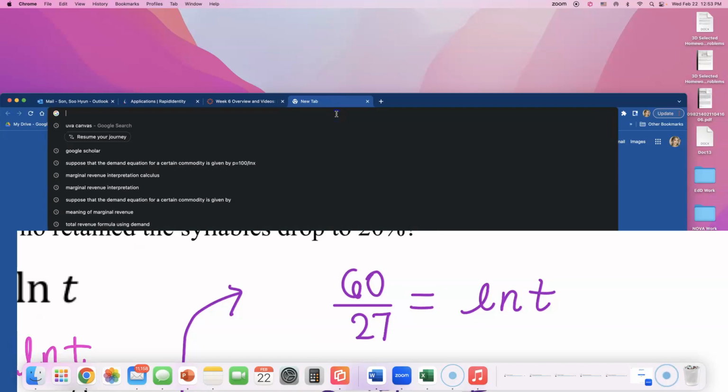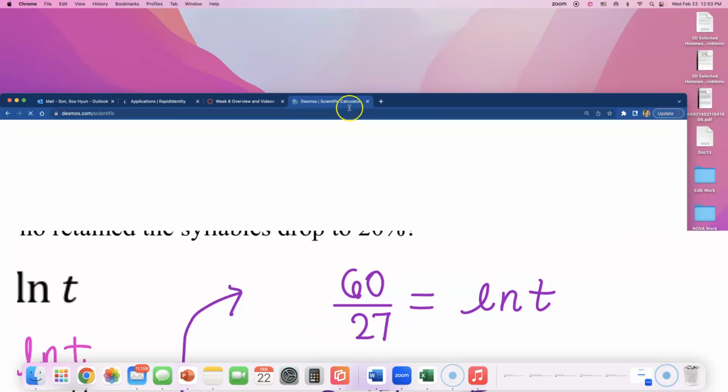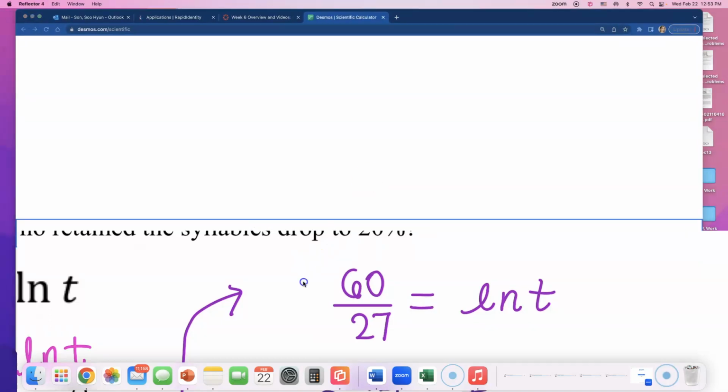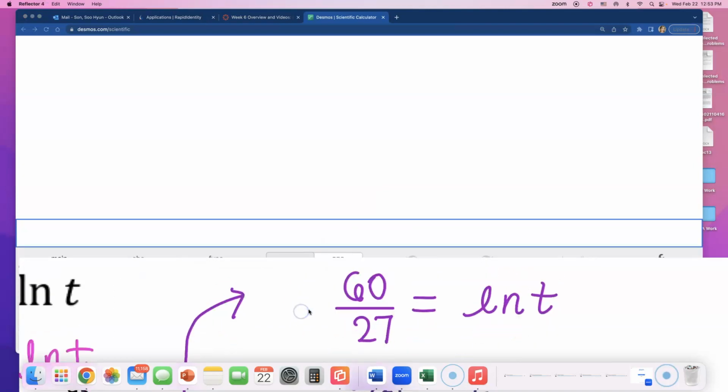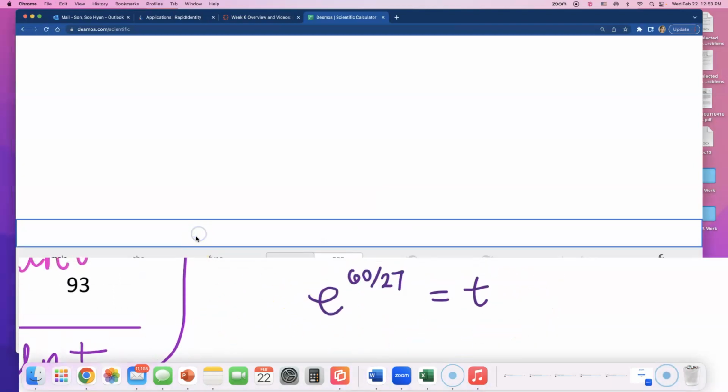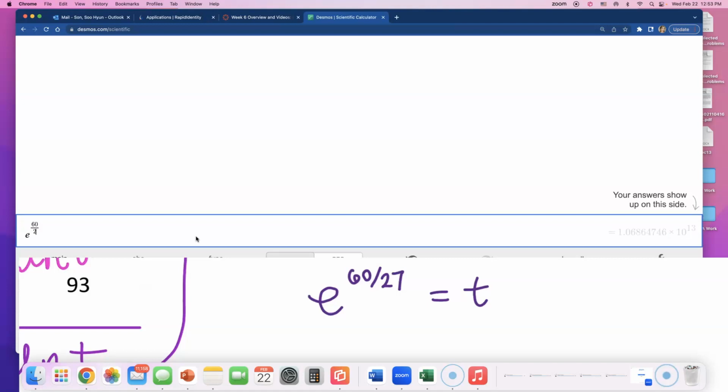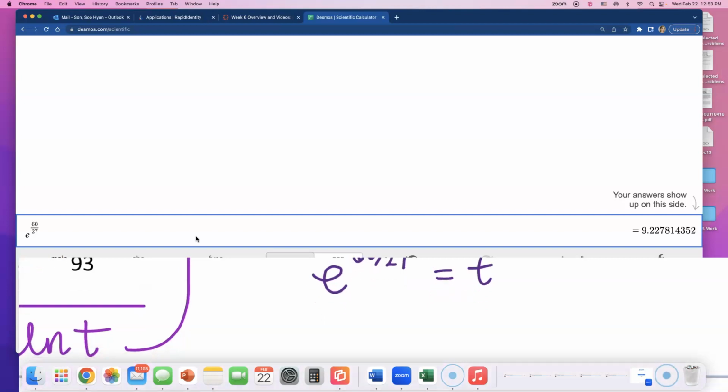I'll open up Desmos Scientific and type in e raised to the 60 divided by 27. And that is approximately 9.23 minutes.